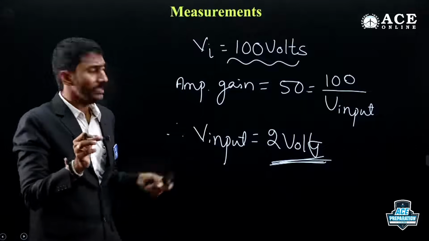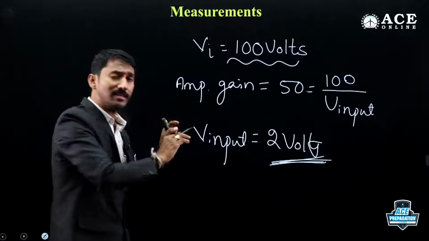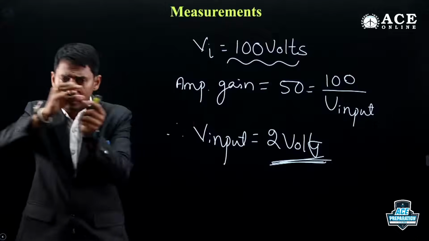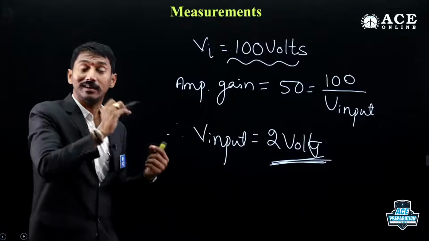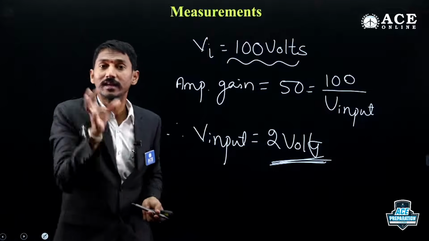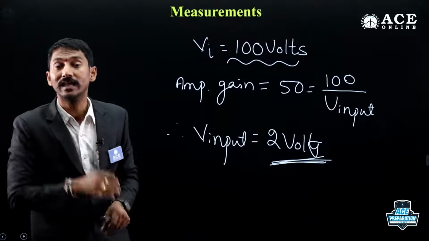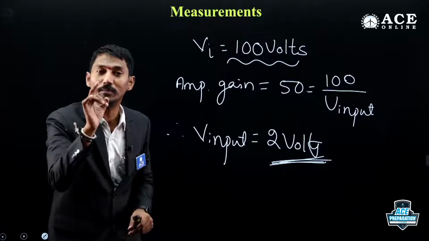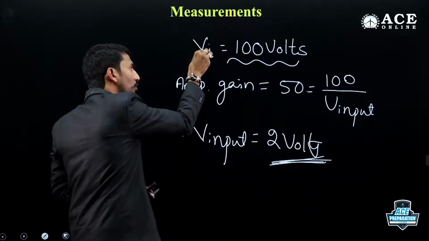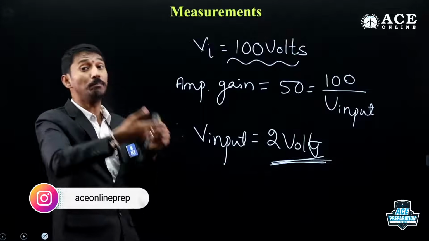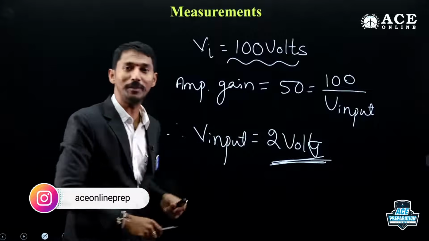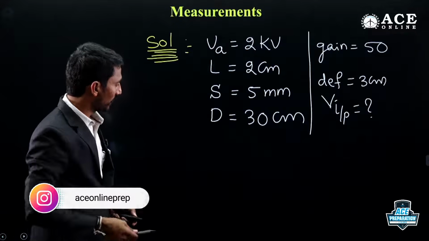Suppose he has not mentioned anything regarding the amplifier, and the signal is given directly, then this is correct. But the entire setup gets the input voltage with the amplifier gain, very important. We call this the input only, but this is the output of the amplifier. But he is asking the main input. So the answer will be 2 volts. Now check which option.